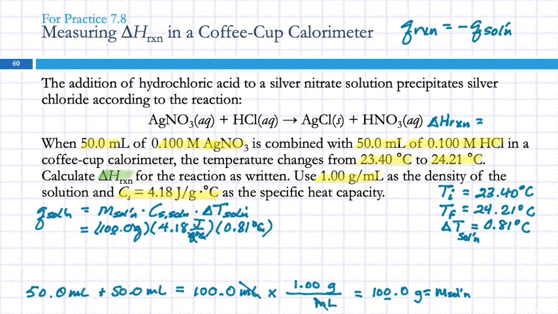The units are going to cancel out, and I'm going to end up with 100 times 4.18 times 0.81 equals 338.58 joules. And I'm keeping track of my significant figures. The temperature here only has 2. So that's Q for the solution.